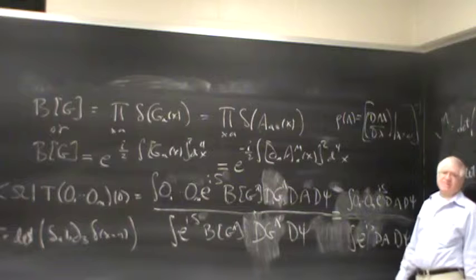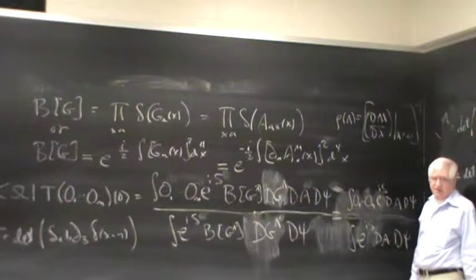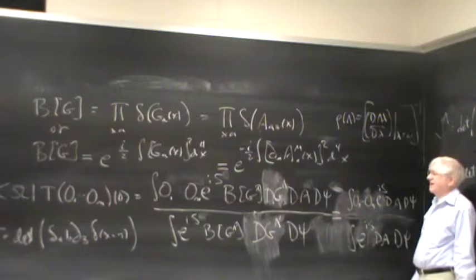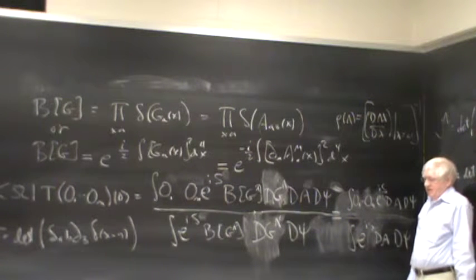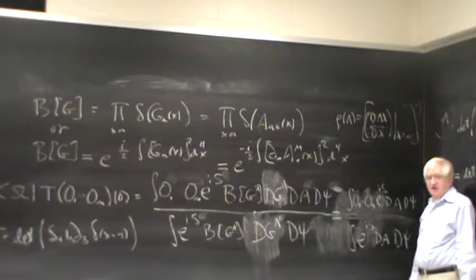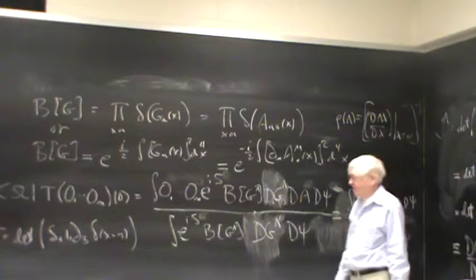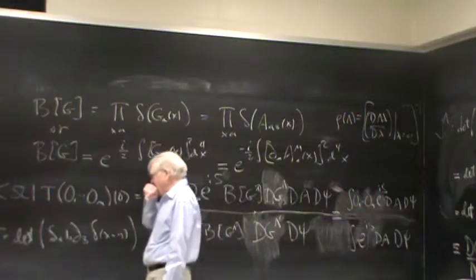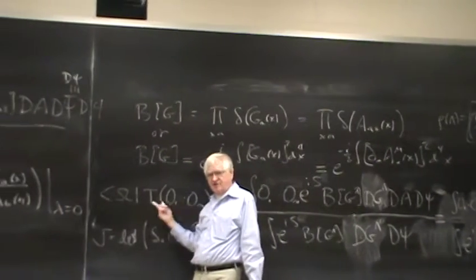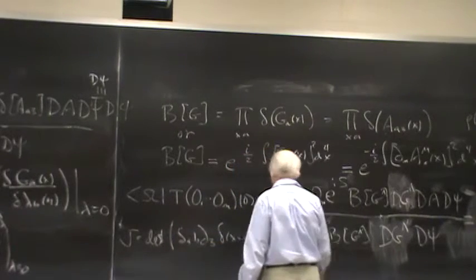All right, so this is a very, very nice result, and it's probably pointing at something beyond ordinary physics. I don't know why, but notice what's happened. We have the mean value of the time-ordered product of gauge invariant operators in the ground state.